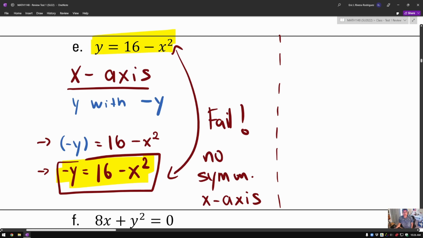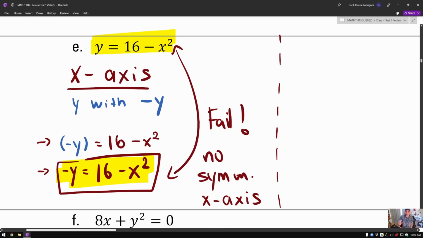A function can never have symmetry with respect to the x-axis, because like Timothy says, then we would have at least two outputs for the same input, two y values for the same x value.